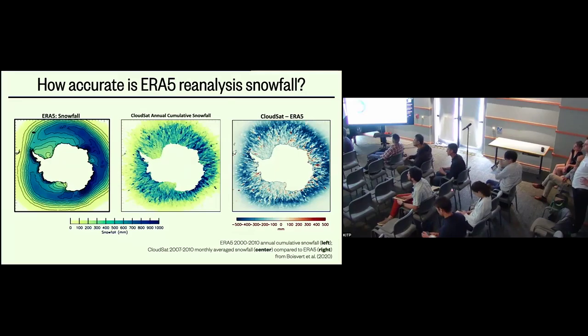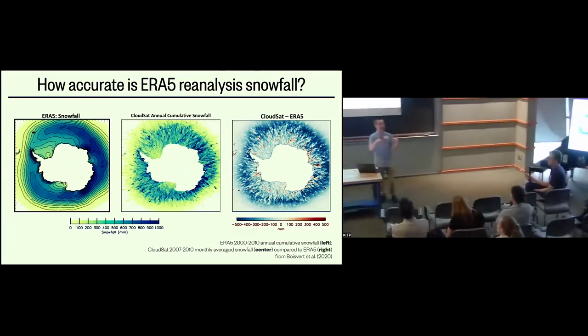So there's certainly a lot of uncertainty there. But in a mean sense, it seems to reproduce what we see in CloudSat pretty well. I think ERA5 was the best out of those evaluated in this study, but I can't quite recall. Yeah. And which is a big motivation for trying to calibrate the model.